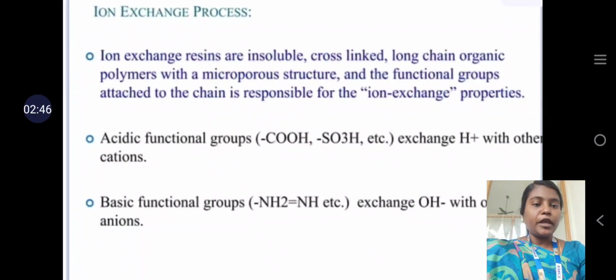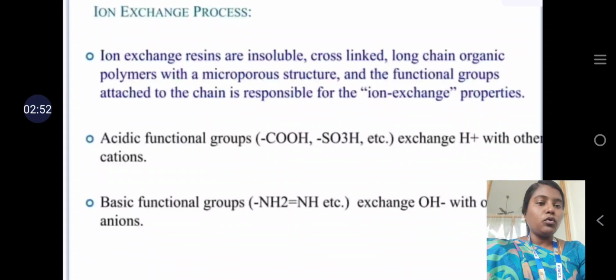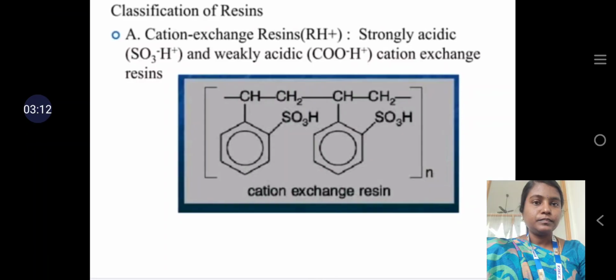They are NH2 or amine nature groups, and also OH minus, that means hydroxyl ion groups. They have the capability to exchange the negative ions like chlorides and sulfates present in the boiler feed water. So now we can clearly understand the mechanism involved in the ion exchange process.